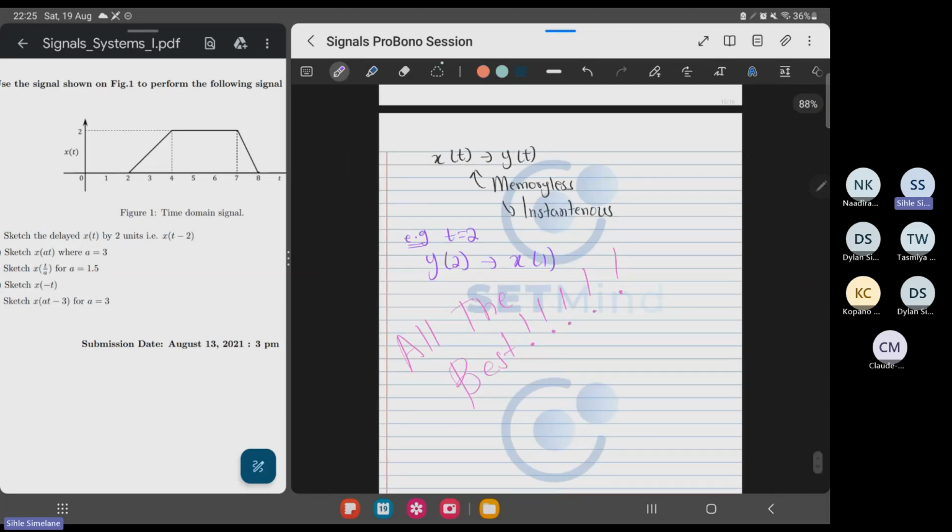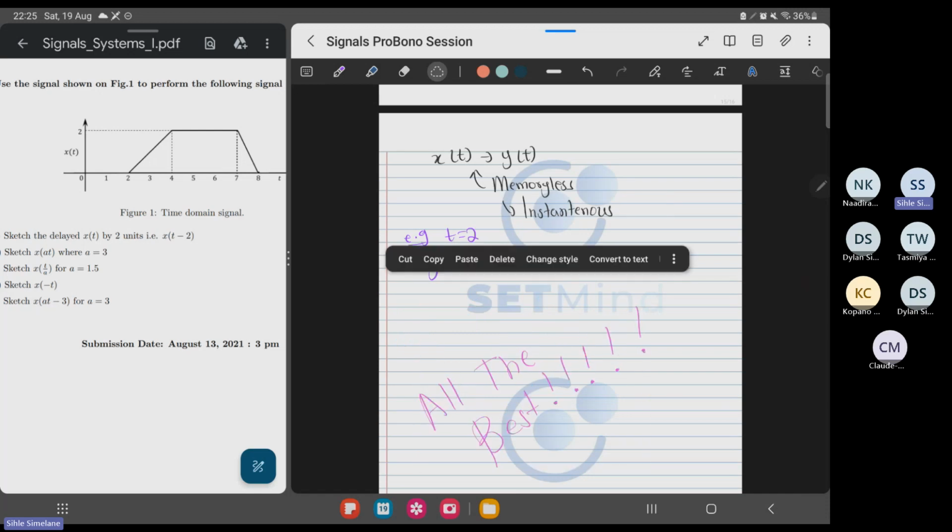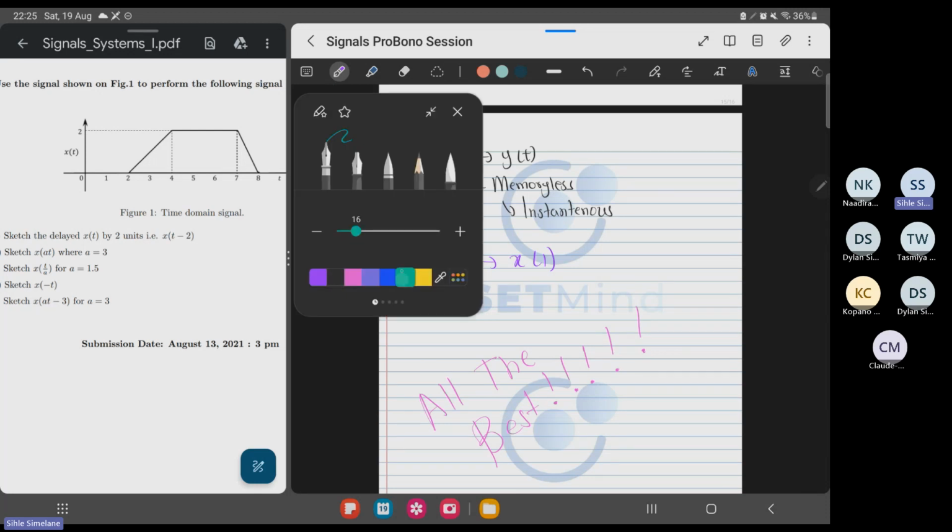So this would be a problem because you are not getting y of 2 being equivalent to an input, which is x of 2. So this system is what we would refer to as a system which has memory.